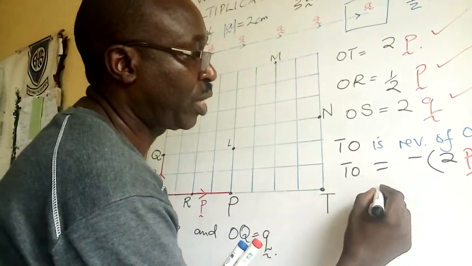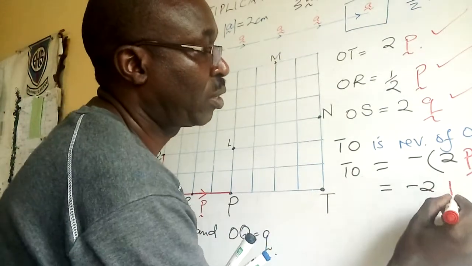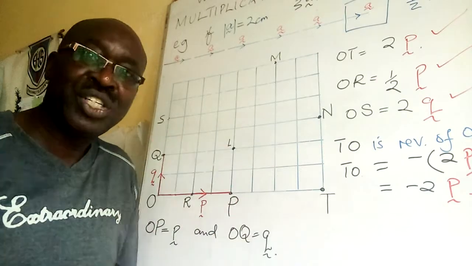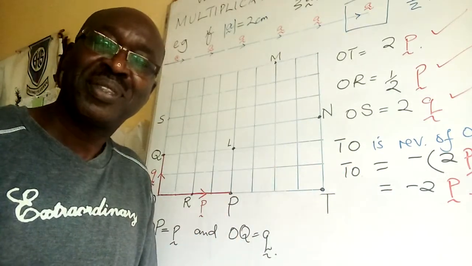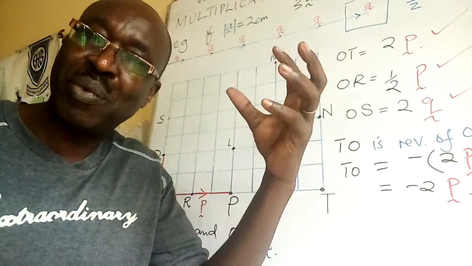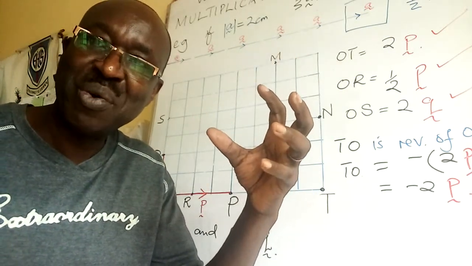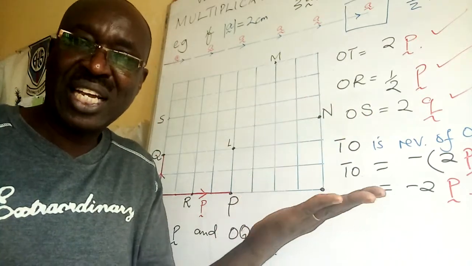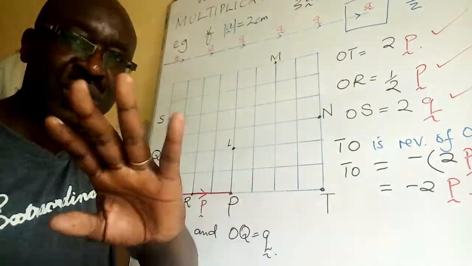Therefore, we can write it -2 vector P. You have to also internalize. You have to domesticate. Once it is in you, my friend, even if they twist, they can't.